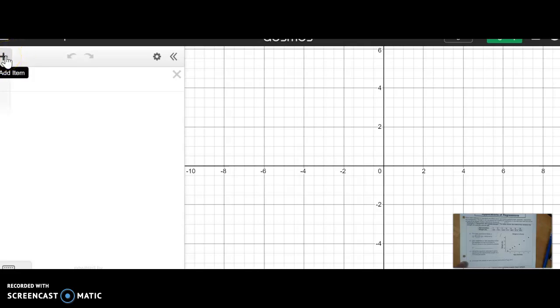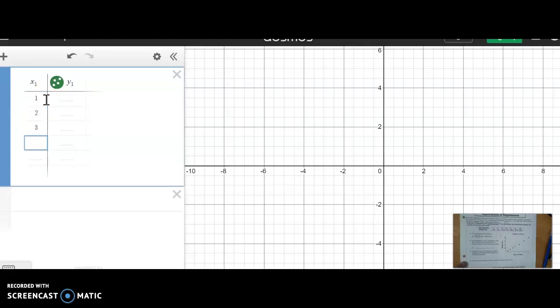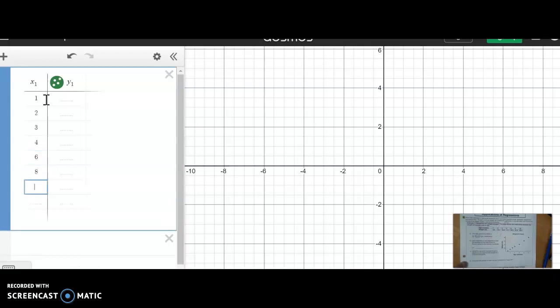Okay, so what I'm going to do is I'm going to add the table. And 1, oh, I ended up doing 11. Sorry. 1, 2, 3, 4, 6, 8, and 10. I'm just putting in the data.